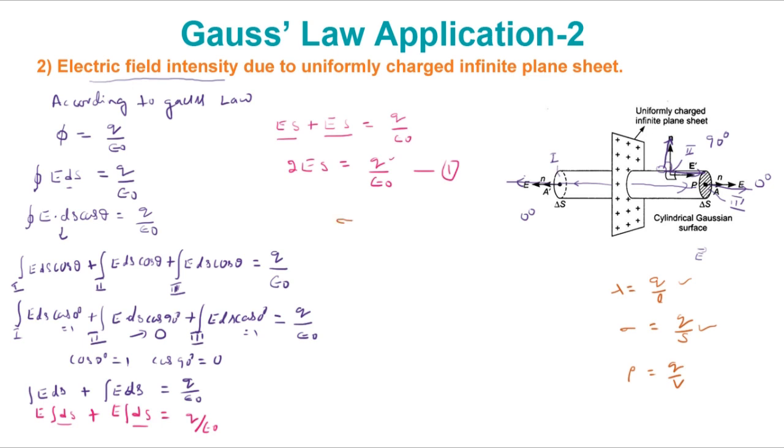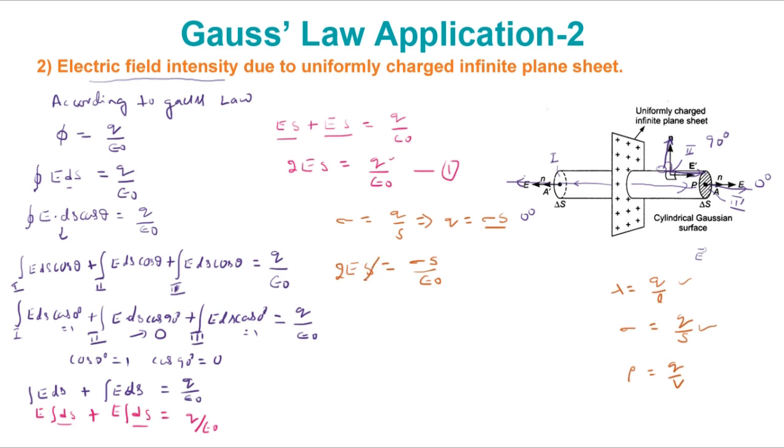Now sigma is equal to Q by S. Taking Q outside, Q is equal to sigma S. Now substitute this sigma S in this equation in place of Q. So 2ES is equal to sigma S divided by epsilon naught.